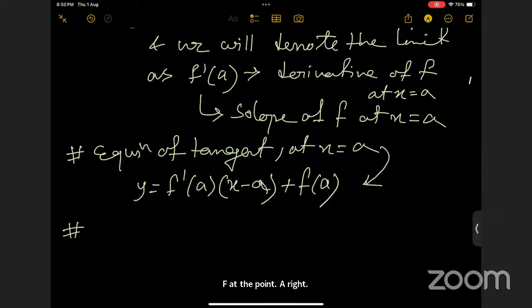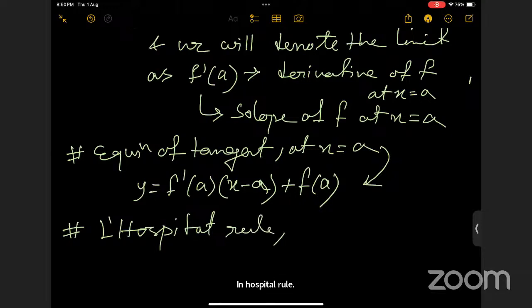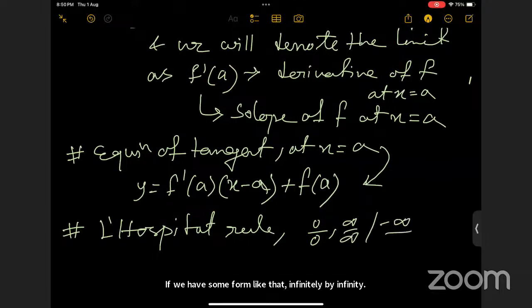And then, yeah, you know about L'Hospital rule. If we have some form like infinity by infinity or minus infinity by infinity, plus minus infinity, then we will apply it.